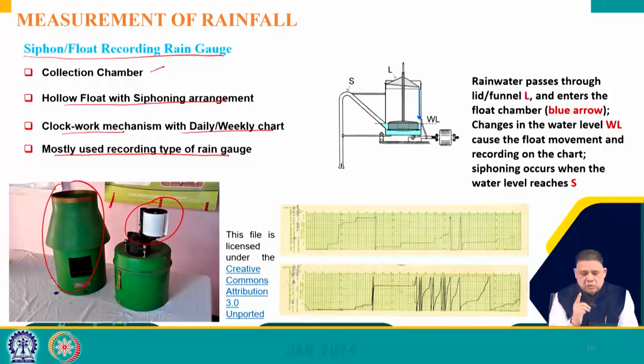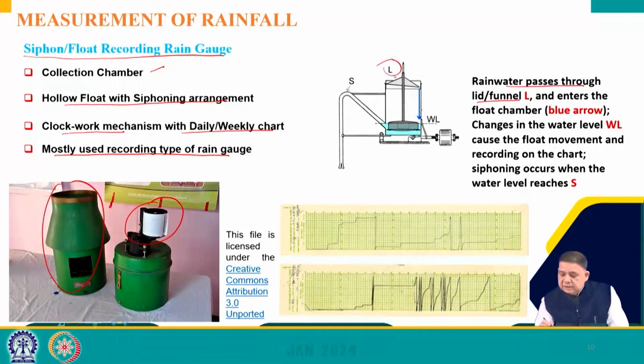So, that is what happens when the water enters through the opening: rainwater passes through the lid or funnel, that is L here, it enters the cylinder, or float chamber as it is called, and then because of the change in the water level, this float here rises.